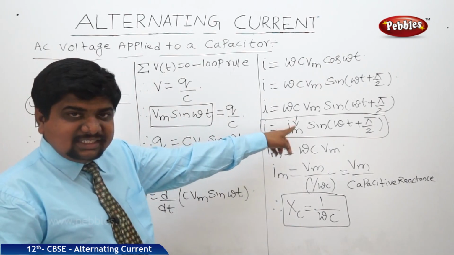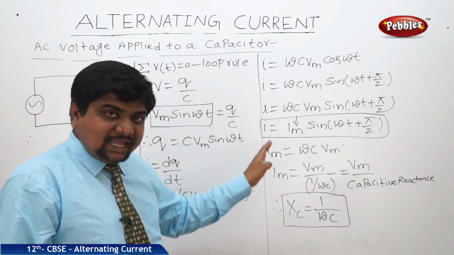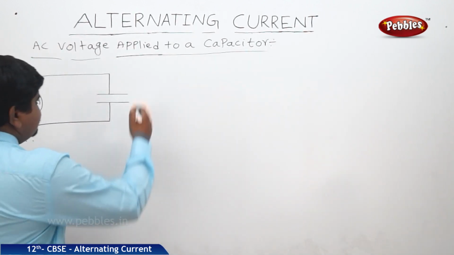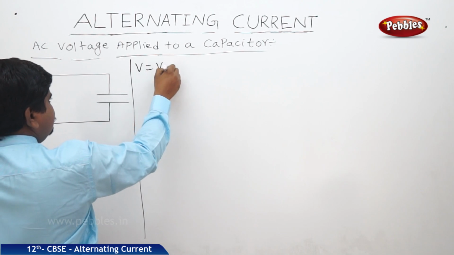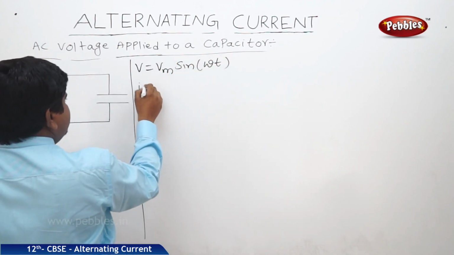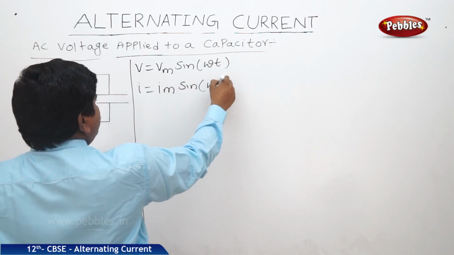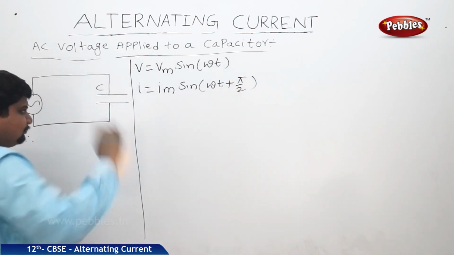Now we will write this relation as well as the phasor diagram and power concept. Now we will see the phase relationship. We got V is equal to Vm sin omega t, but we got I is equal to Im sin omega t plus pi by 2 through the capacitor.